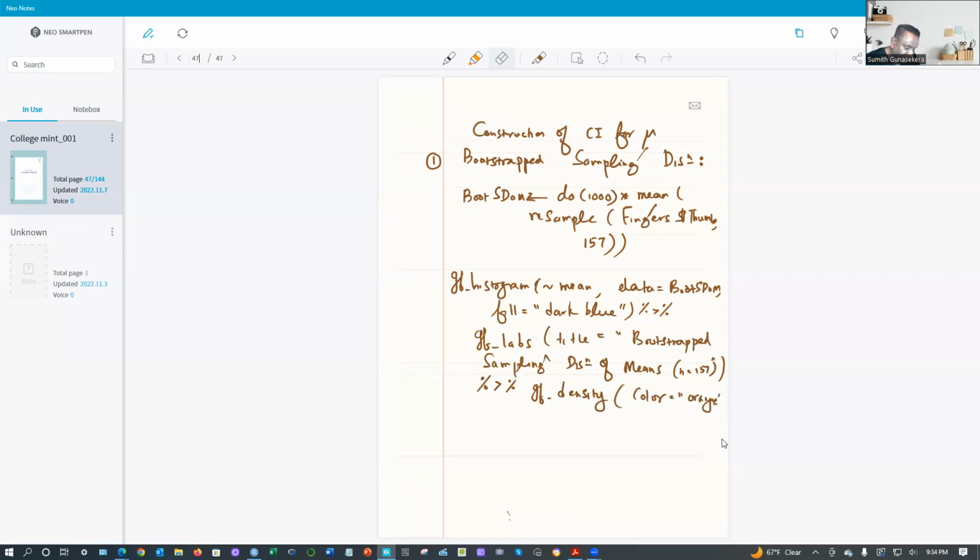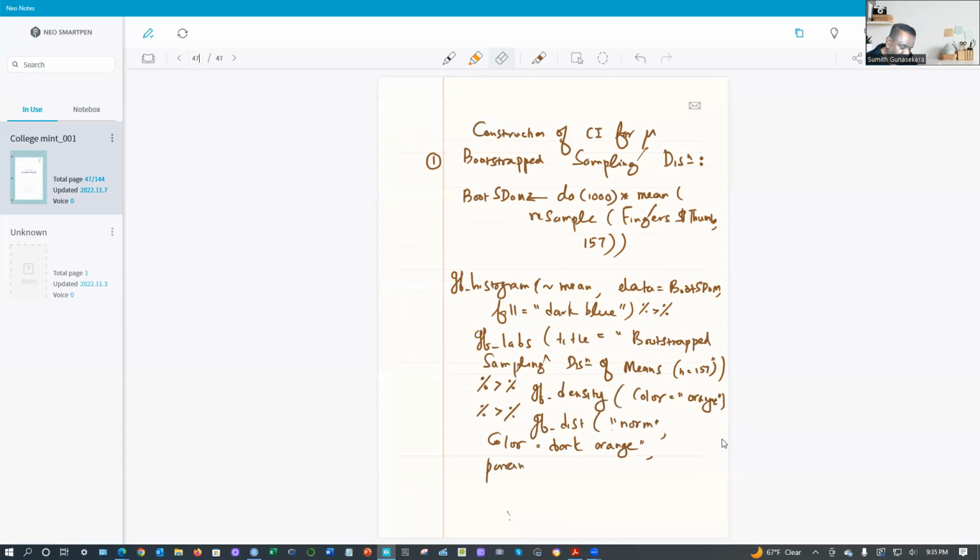Then you need the approximate normal curve, so you go to gf_dist and say you need the normal distribution, with the color dark orange. Then you give the parameters.